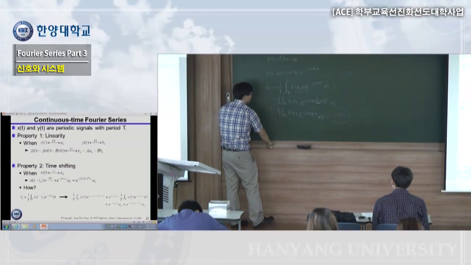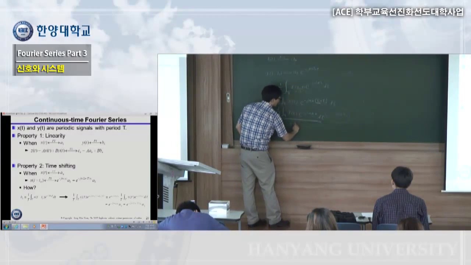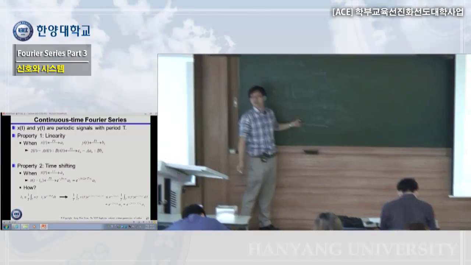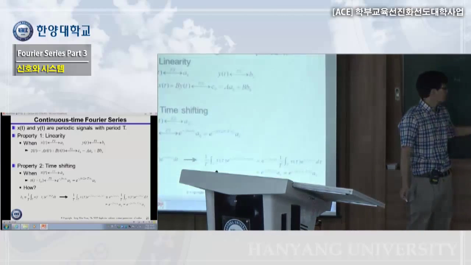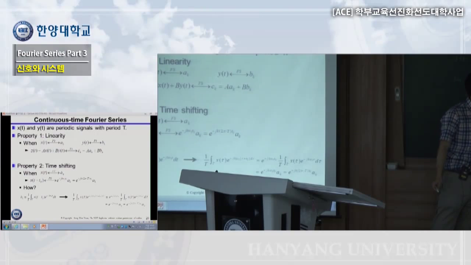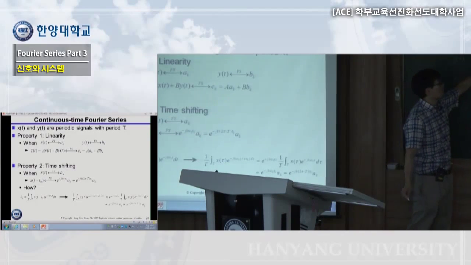So the answer is, and this one is ak, the Fourier series of x. So we can think of it as exponential minus j omega 0 k t0 times ak, which is shown right here.